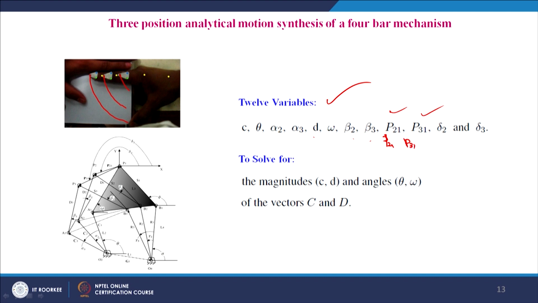So, these are the 12 variables with those 4 equations, and these are solved for the magnitudes C and D, and angles theta and omega. So, these 4 equations can be solved for these 4 variables, that is C, D, theta and omega for the vectors C and D, provided we give the other 8 parameters a priori.